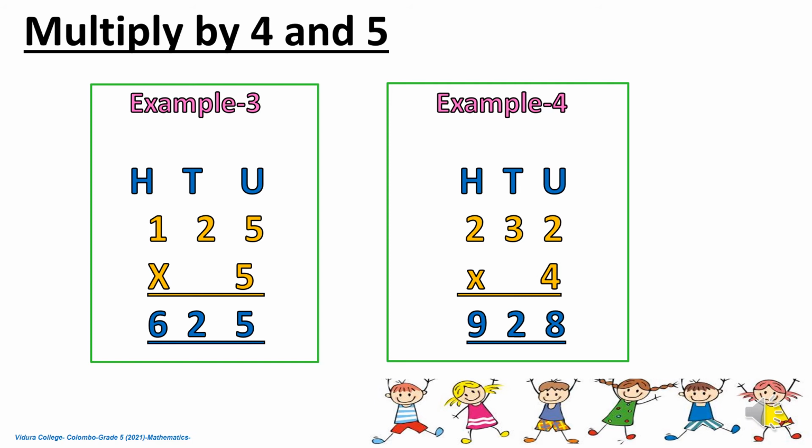Let's try to find the product. 5 times 5, 25. 5 under the units, 2 goes to the tens. 5 times 2, 10, plus 2, 12. 2 under the tens, 1 goes up to hundreds. 5 times 1, 5, plus 1, 6. 625 is the answer. Now try example 4, where you need to multiply 232 by 4. See whether you can get the answer as 928.